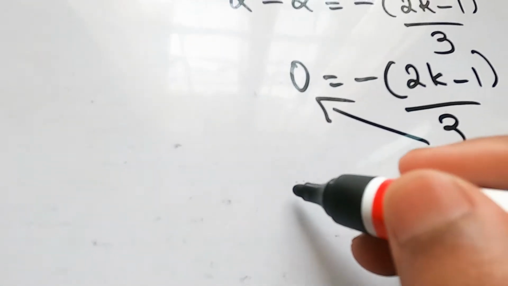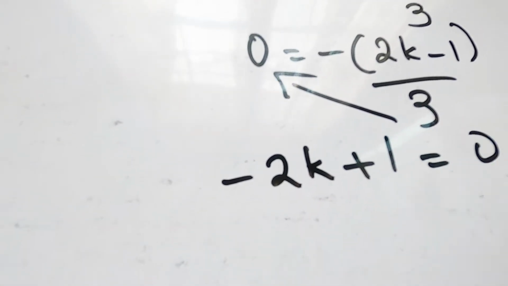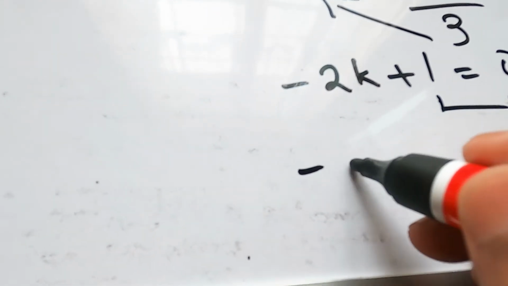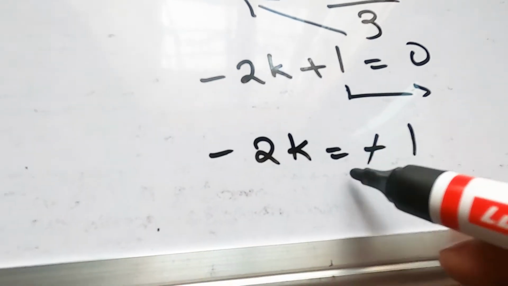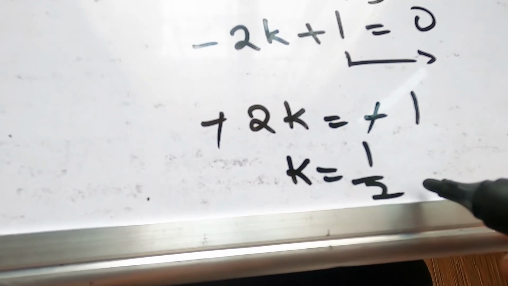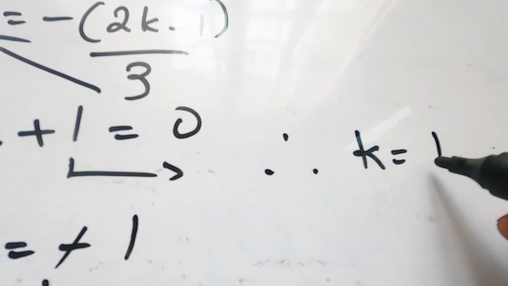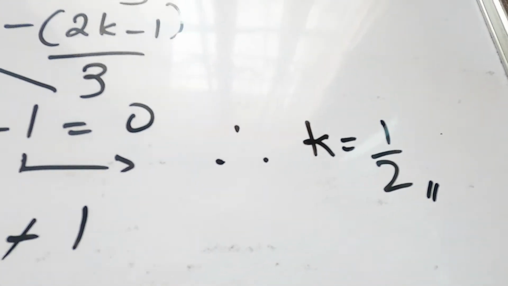So what's left in this case? Minus 2k plus 1 is equal to 0. So 1 will be transposed to the left hand side. It will be minus 2k is equal to minus 1. So minus minus cancel. So k is equal to half. All right. So therefore, the value of k will be half. So this will be your answer.